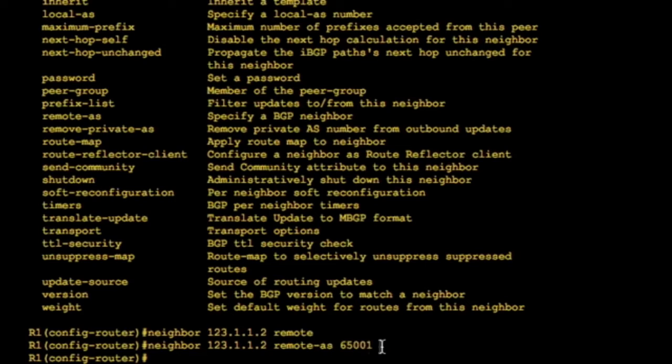That's the whole reason for having autonomous system numbers. And by configuring the 65001 here in the remote AS, it tells the IOS software that this is an iBGP scenario, because the remote neighbor has the same AS as me, therefore must be the same autonomous system, therefore iBGP, internal BGP. So that's one side of the neighborship configured.